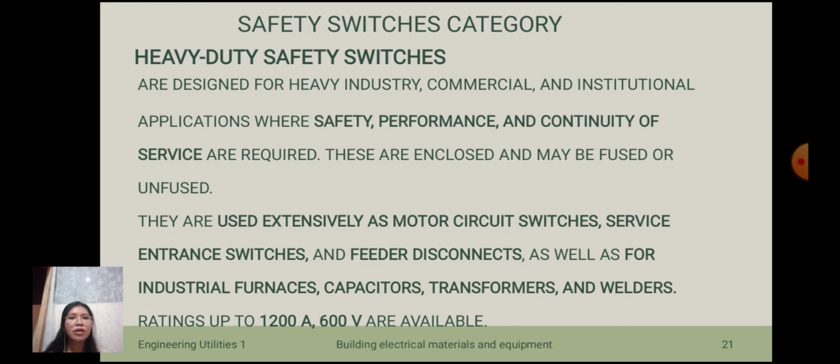They are used extensively as motor circuit switches, service entrance switches, and feeder disconnects, as well as for industrial furnaces, capacitors, transformers, and heaters. Ratings up to 1,200 amperes, 600 volts are available.